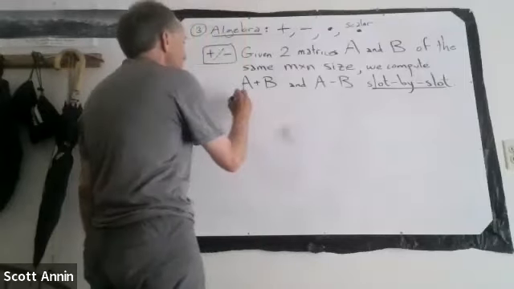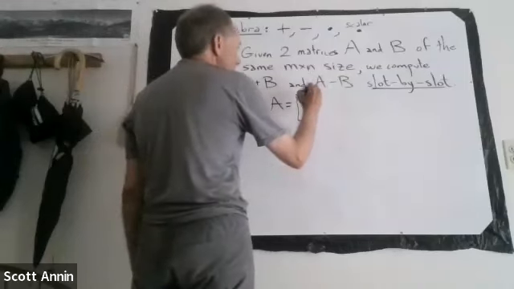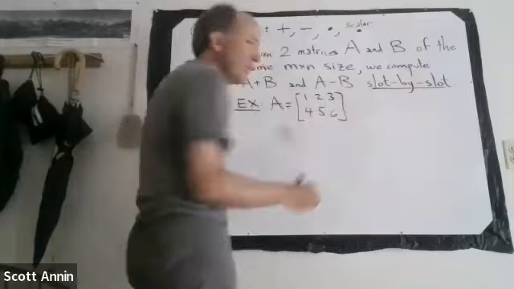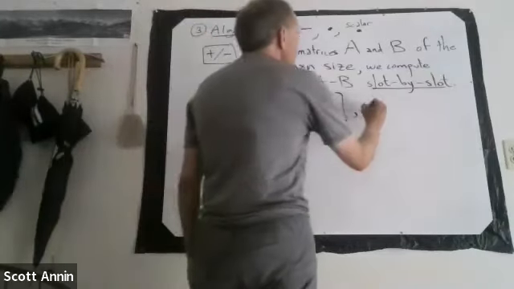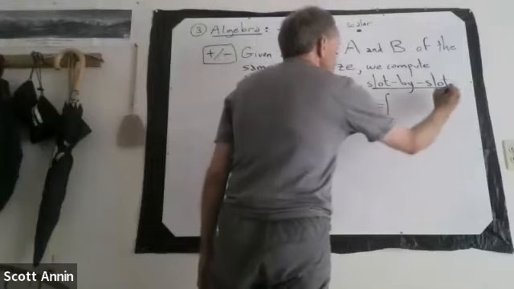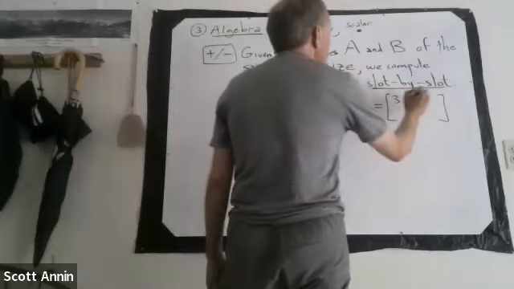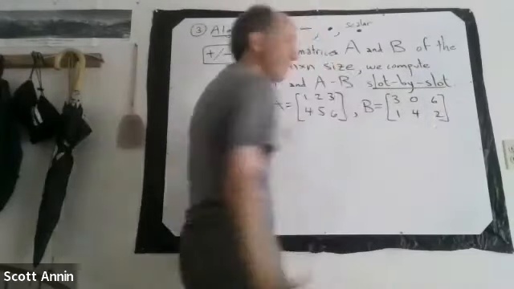So I won't spend much time here because this is pretty intuitive, but let's just say we had the matrix A, 1, 2, 3, 4, 5, 6, 2 by 3, right? 2 rows, 3 columns. My second matrix, if I want to do addition or subtraction, it has to be the same size. Maybe 3, 0, 6, 1, 4, 2.